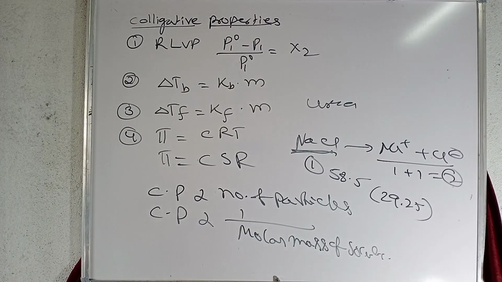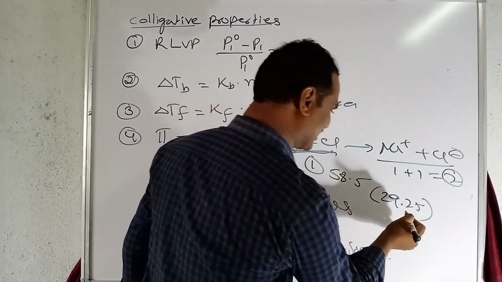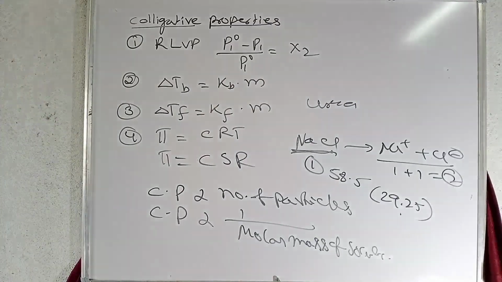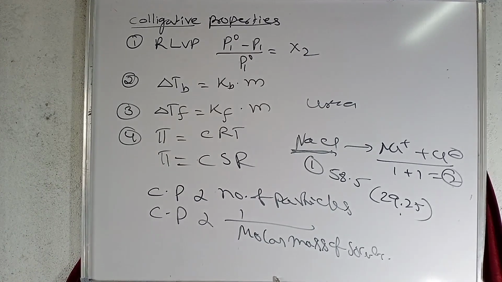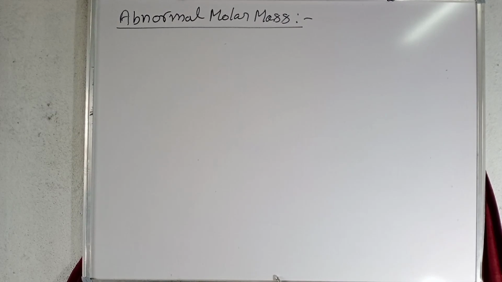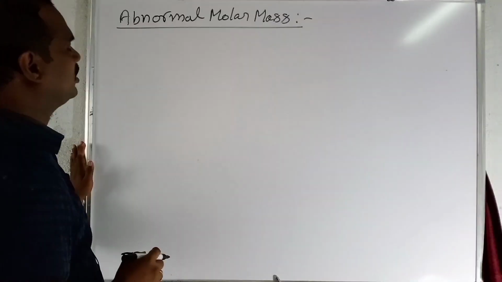First we have to see why NaCl gives this value. Now we are going to look at abnormal molar mass.